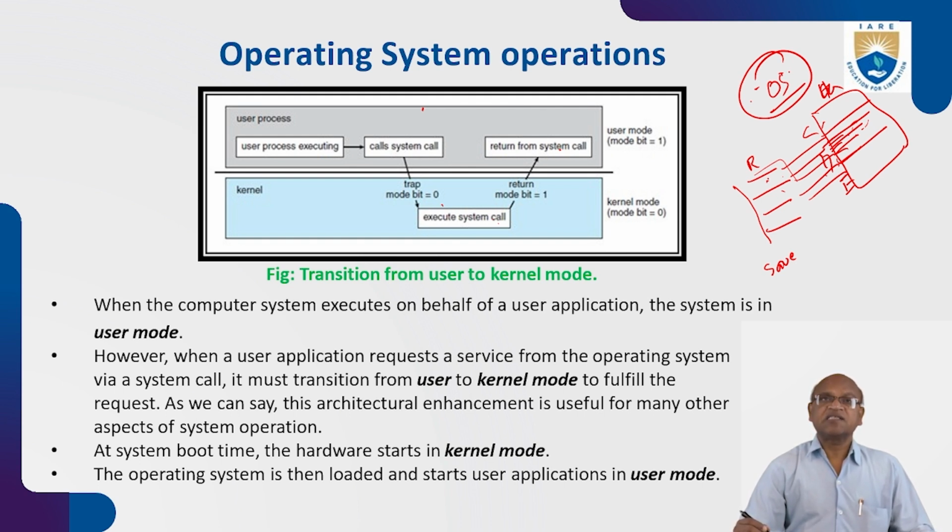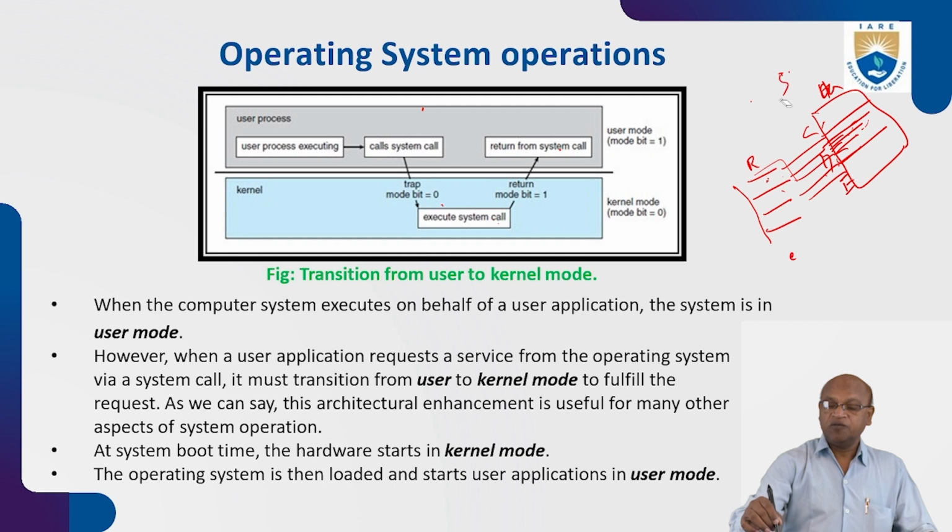This architectural enhancement is useful for many other aspects of system operation. At system boot time, the hardware starts in kernel mode. The operating system is then loaded and starts user applications in user mode. So this is what kernel mode and user mode are.